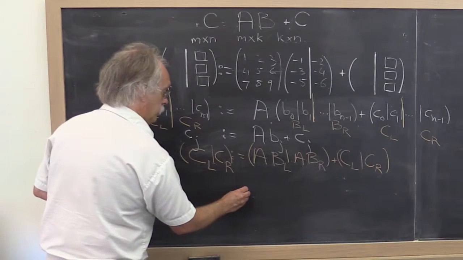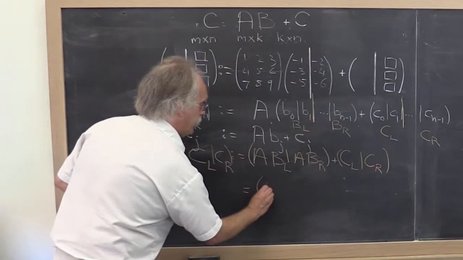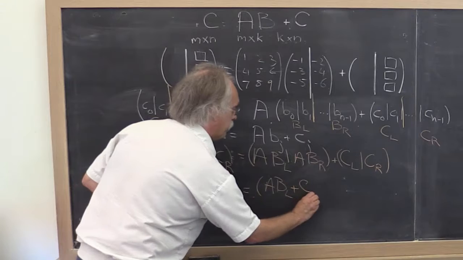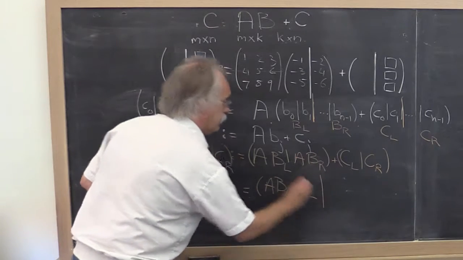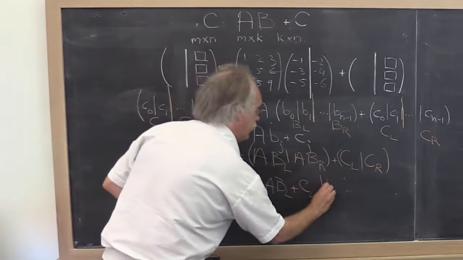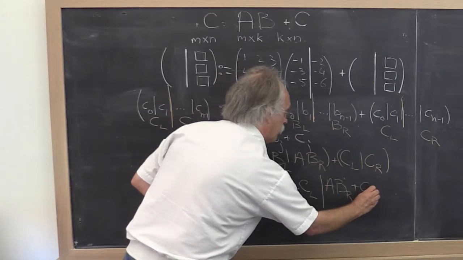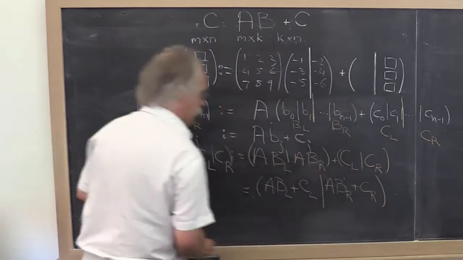That's just equal to A times the left part of B plus the left part of C on the left, and A times the right part of B plus the right part of C on the right.